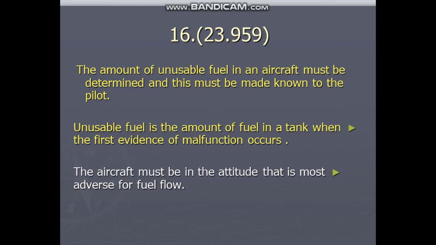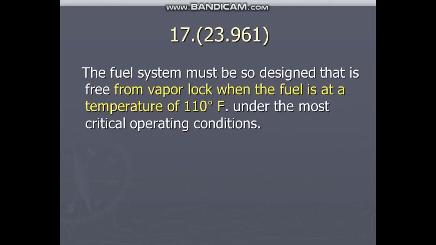The aircraft must be in the attitude that is most adverse for fuel flow. Number 17. The fuel system must be designed so that it is free from vapor lock when the fuel is at a temperature of 110 Fahrenheit under the most critical operating conditions.